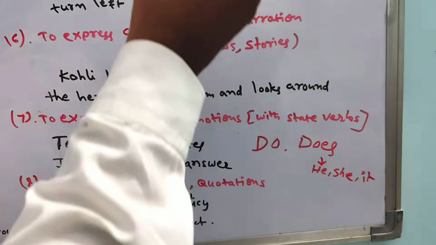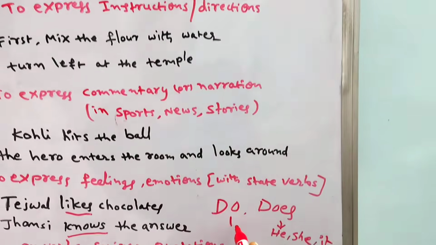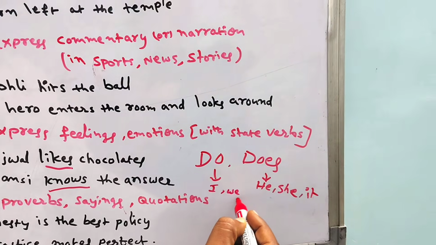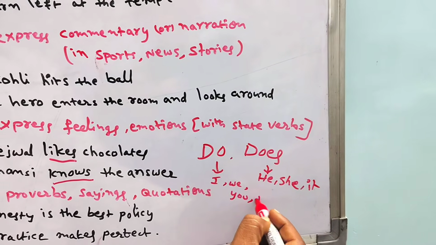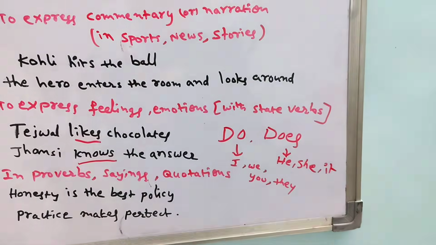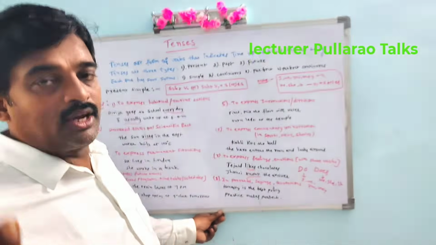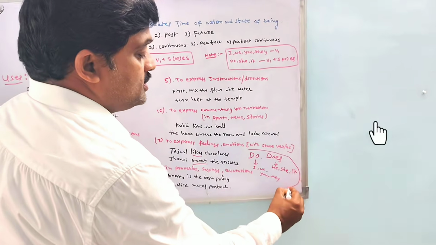And the remaining I, we, you, they, and any plural takes do. To make questions and to make negatives. Okay, to make questions and negatives, we use these two words, do and does.